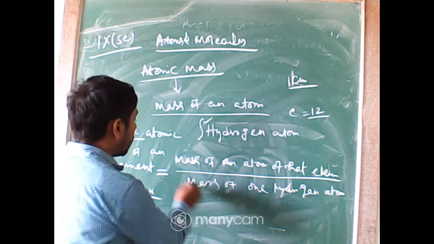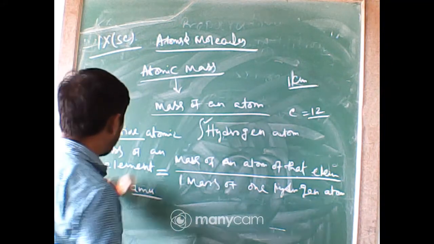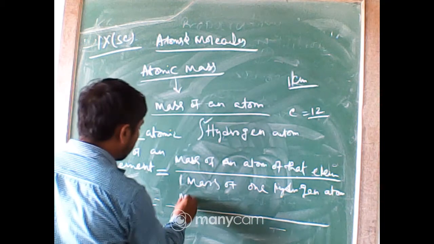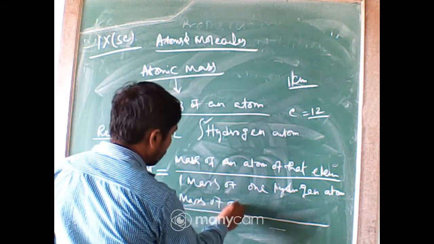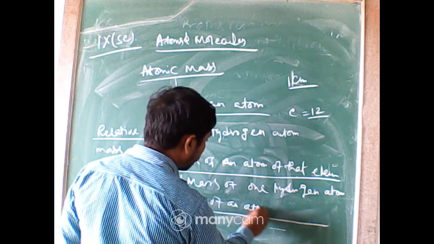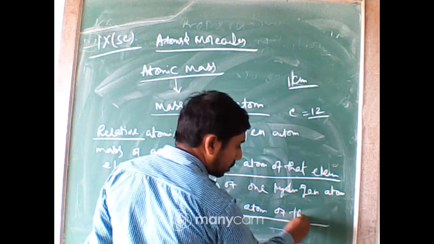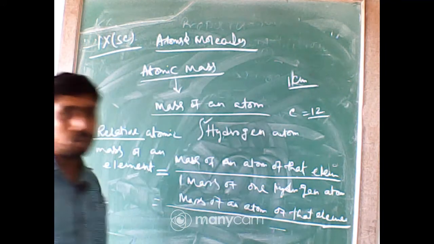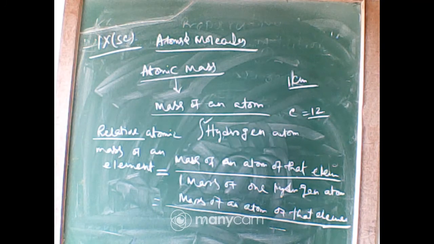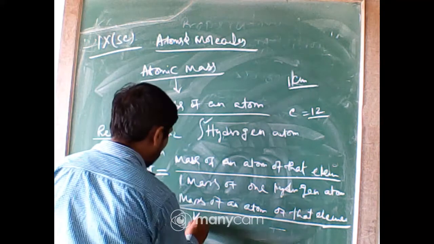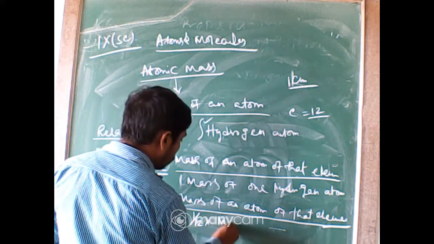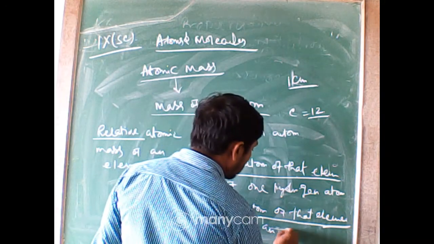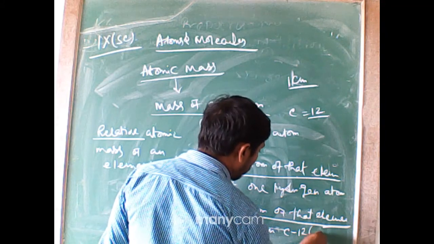So I am writing down the next expression: the relative atomic mass of an element is the mass of an atom of that element divided by 1/12 of the mass of a C-12 atom, or carbon atom.